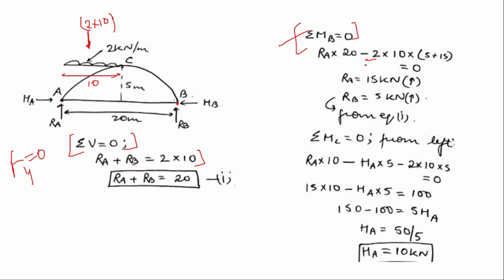So it will be minus 2 into 10, the total load, which acts at the midpoint, at a distance 5 meters from here, and this 5 plus this 10 meters gives 15. So we get RA equal to 15 kilonewton and RB equal to 5 kilonewton.